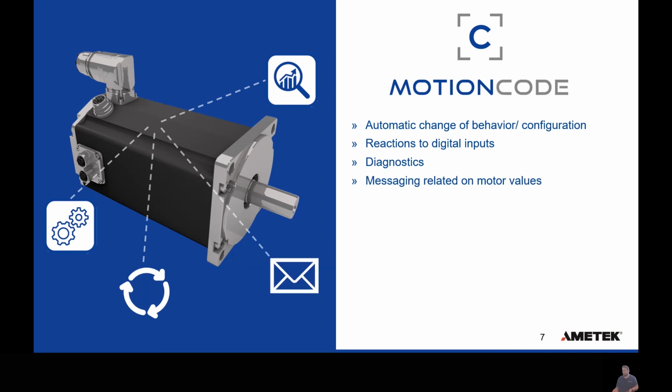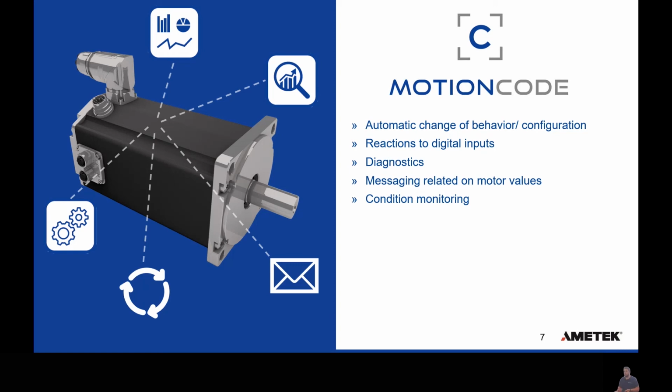You also can work with messaging. If you have the diagnostics, then send some messages out of the motor when some conditions, some thresholds are reached. And so you more or less come to a basic condition monitoring implementation on the motor. So you don't have to think in the PLC how to program it, how to combine the values.